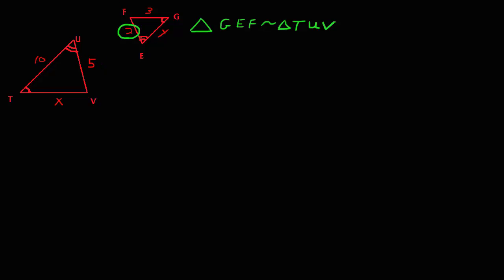So our scale factor can be either 2 over 5 if we go from the small triangle to the large triangle, or it could be 5 over 2 if we go from the large triangle to the small triangle.